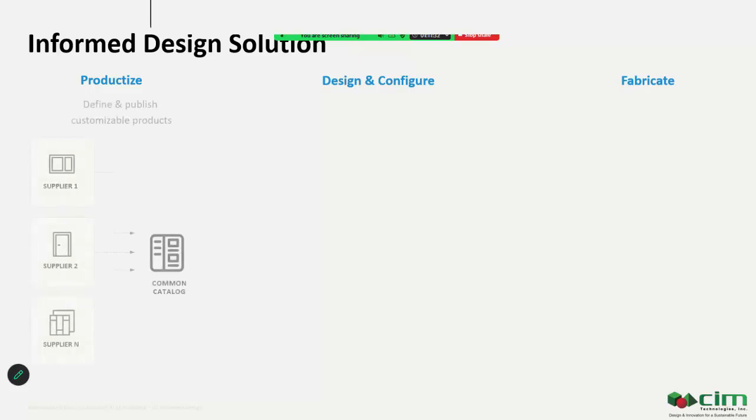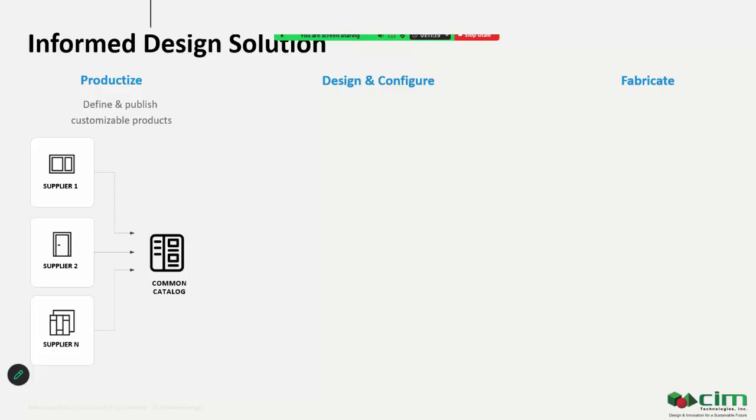So as it stands, Informed Design consists of three main workflows. First, productize, then design and configure, and fabricate. You're familiar with some of the industrialized construction shown earlier. Starting with productization, we define our configurable products.